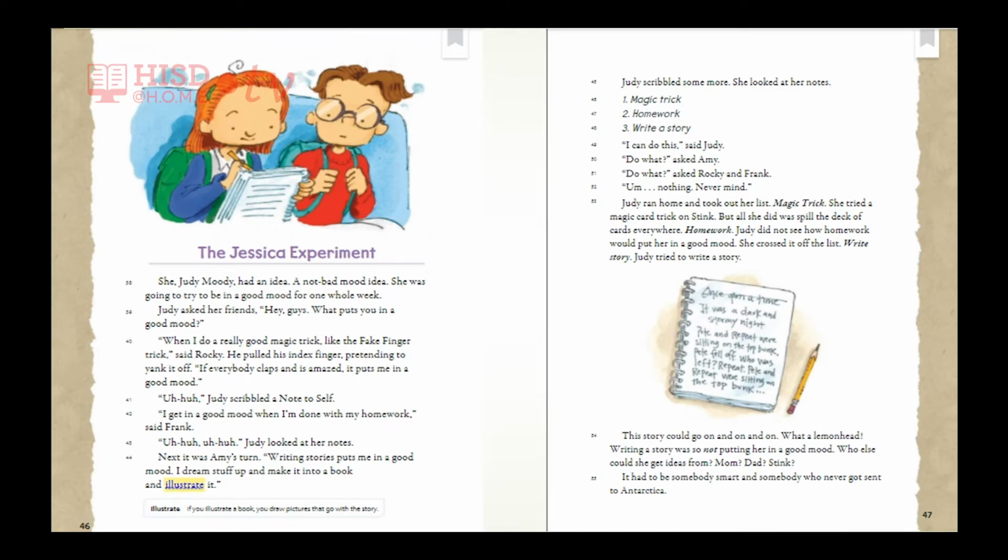The story could go on and on and on. What a lemon head. Writing a story was so not putting her in a good mood. Who else could she get ideas from? Mom? Dad? Stink? It had to be somebody smart and somebody who never got sent to Antarctica.